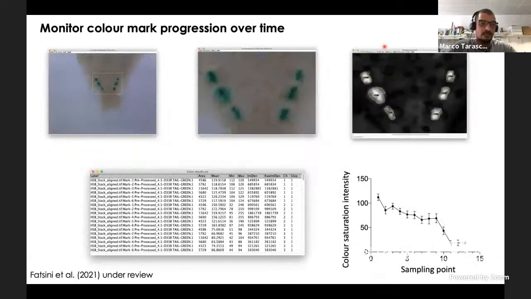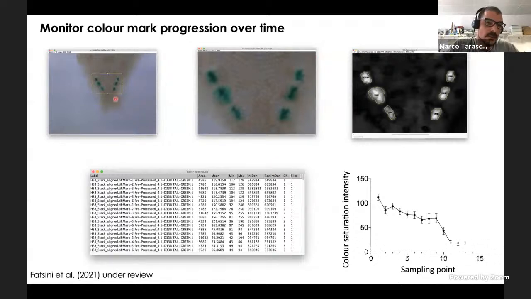Finally, this year, in collaboration with Elvira, a postdoc from the Aqua Group lab here in the CCMAR, we developed this macro which monitors the color progression over time. In fact, they were injecting some flatfish with different colors, and we wanted to see how the color would fade over time.